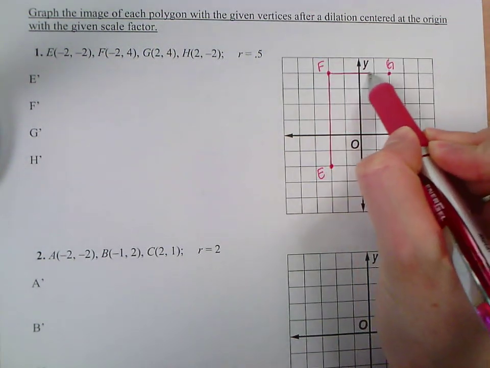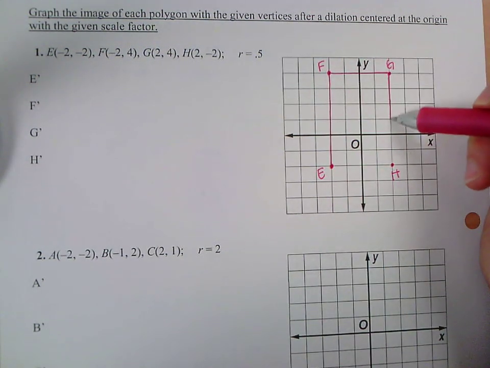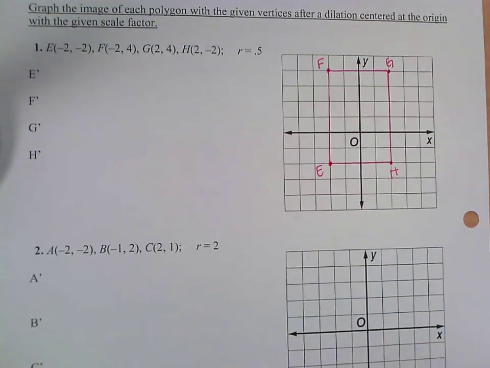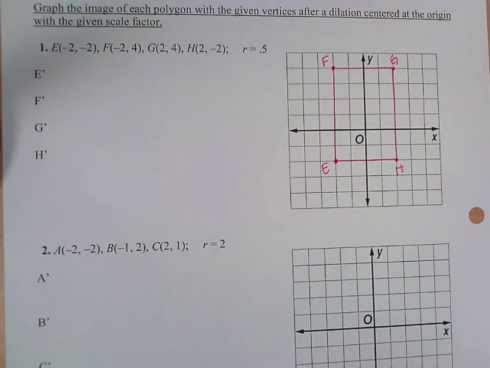And actually, when you graph this, it is a rectangle. And then we are given the dilation of 0.5, meaning our image should be half the size.